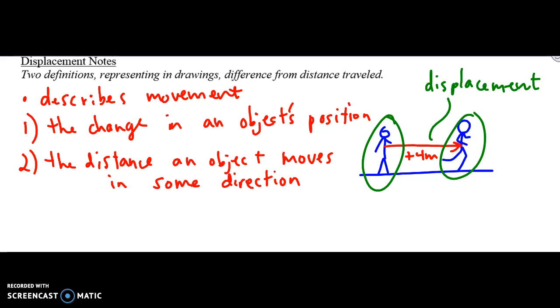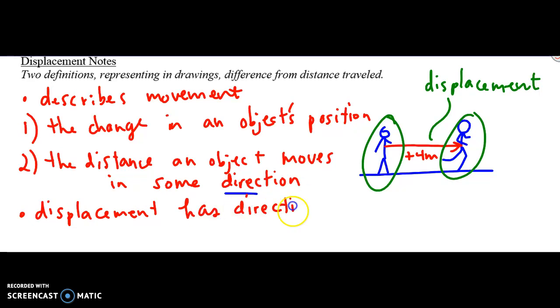What have we just learned? Displacement has direction. That's important. So that means we can use a positive or negative to represent displacement.